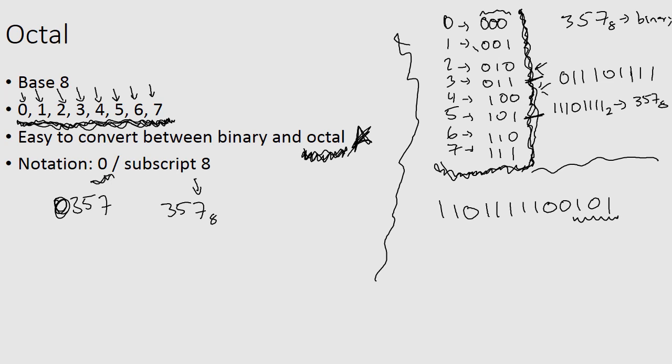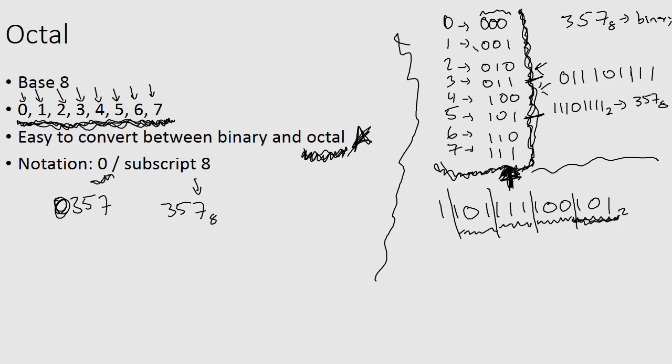We divide our binary number into groups of 3, and we do so until we cannot do it anymore. Then we look at our chart and find the equivalent number in octal that is represented in binary.